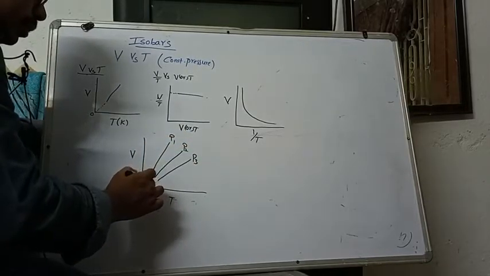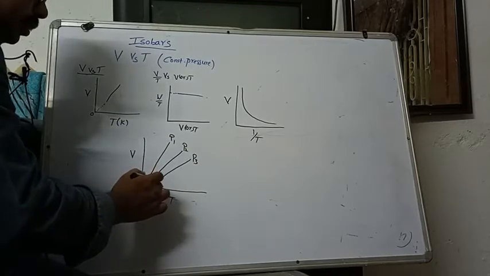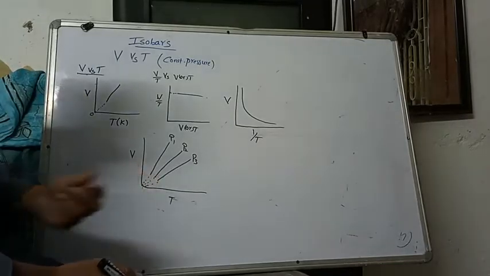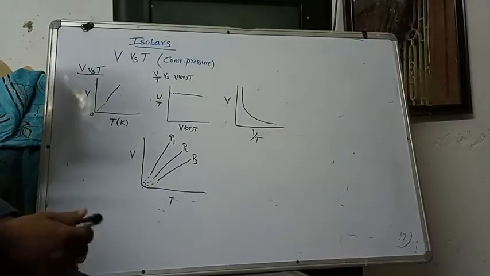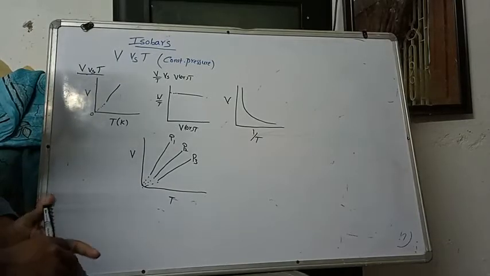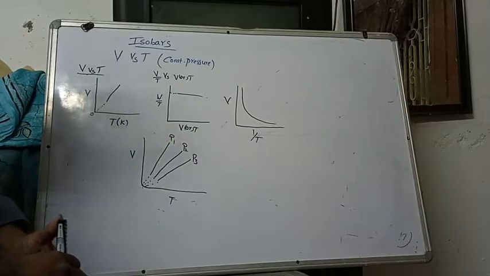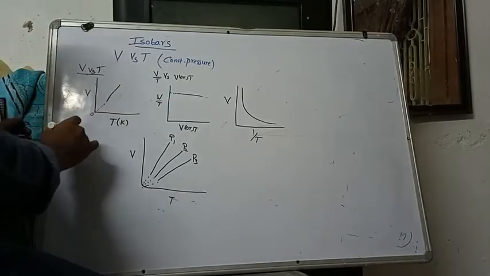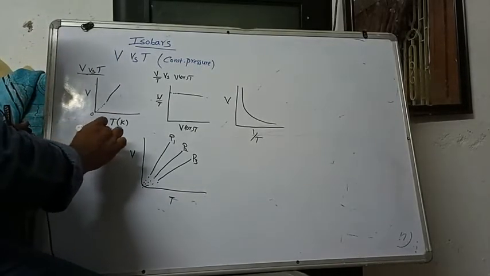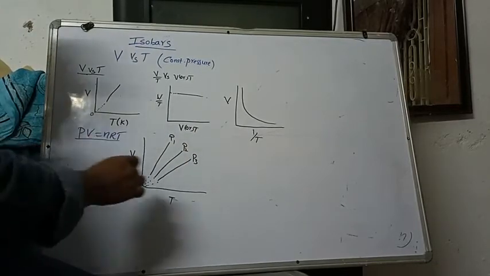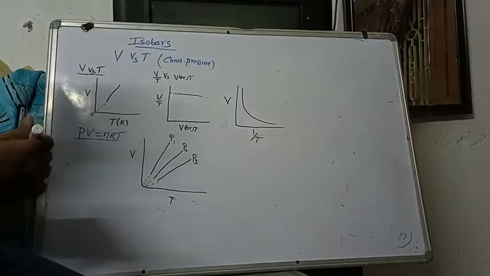If you extend them, they will pass through the origin, otherwise it will be like this. So in the gas law graphs, to explain the relation between the various pressures and temperatures, we use the ideal gas equation. What is that? PV equals nRT. This is the relation we use to explain the relation among them.